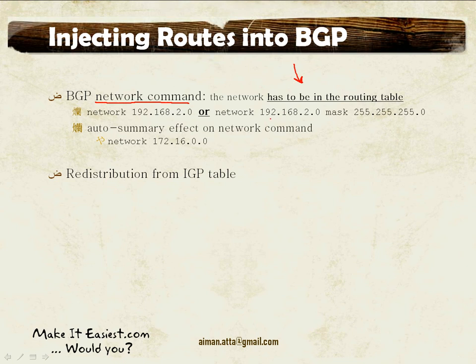You could use this form of the command specifying the mask, or you can just specify the IP address and not the mask, and accordingly BGP will assume the default. So let's make sure that BGP will only use the command the way we agreed.